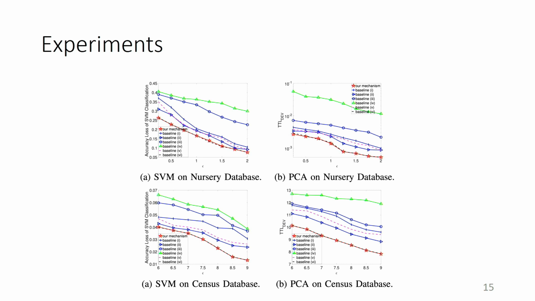So we first extract the principal components of the fingerprinted database and then measure the deviation with respect to the original components. Also, the lower, the better. Our mechanism, colored in red, also achieves the lowest accuracy loss and total deviation in both SVM on the census database and also the nursery school database.